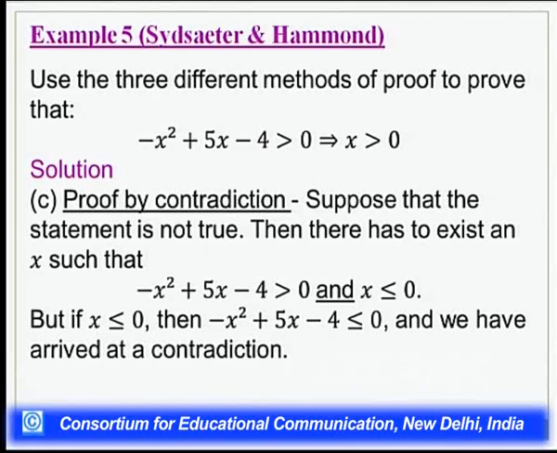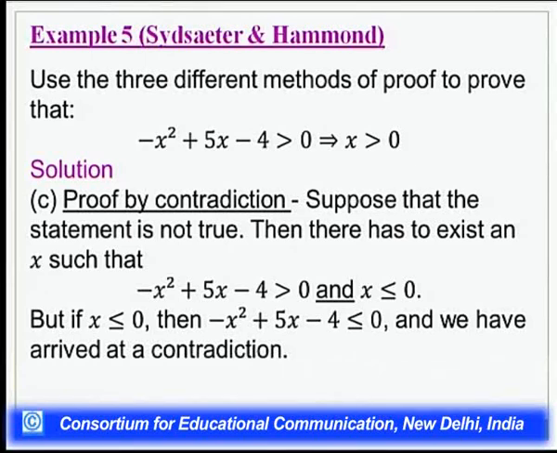And finally, we can show a proof by contradiction also, where, if you remember what I said, we'll suppose that the statement is not true, which is to say that there exists an x such that both P and not Q are true. So P is minus x square plus 5x minus 4 greater than 0, and not Q is x less than or equal to 0. If this statement is true, then we'll see what happens.